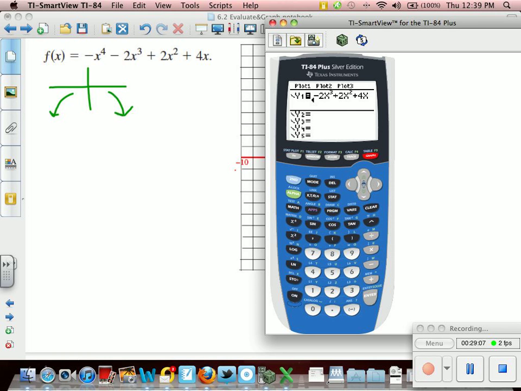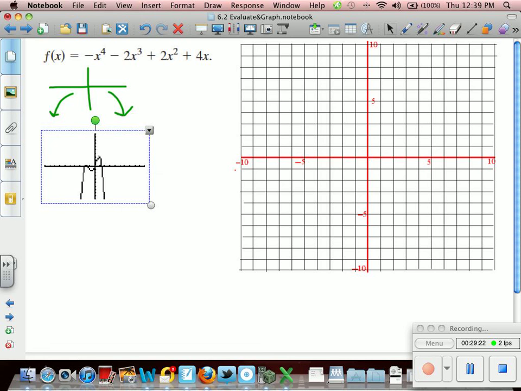And I'm graphing it. And we talked about the end behavior going down. Now again, there's stuff in the middle because of the -2x cubed and then plus 2x squared and the 4x. But that's the general gist of what the graph will look like.